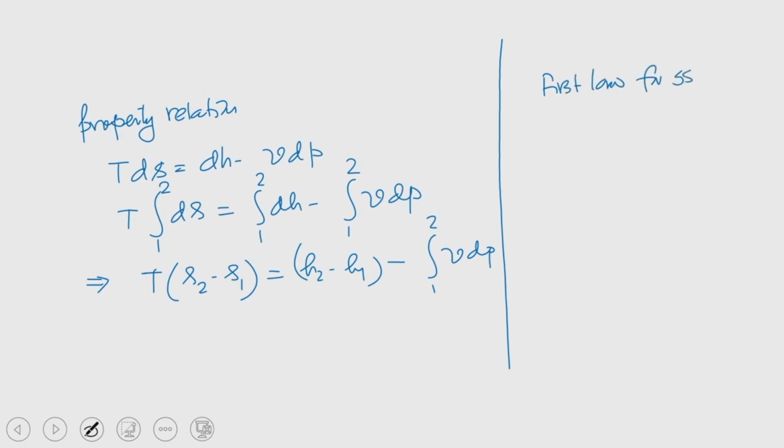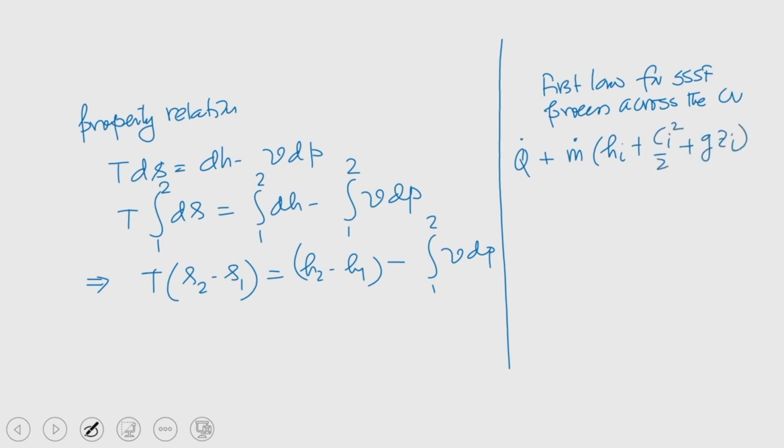The first law for a steady state steady flow process across the control volume. We can write Q dot plus m dot i (hi plus ci square by 2 plus g zi) equal to m dot e (he plus ce square by 2 plus g ze) plus W dot.